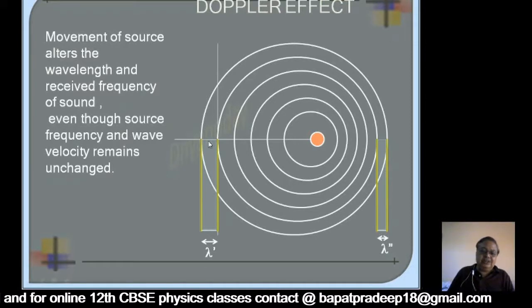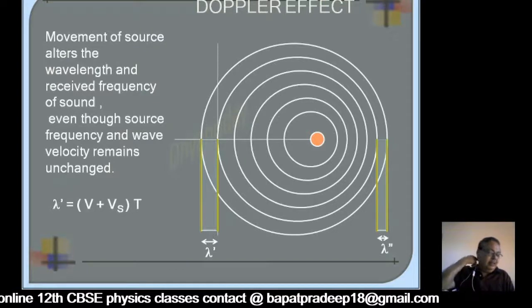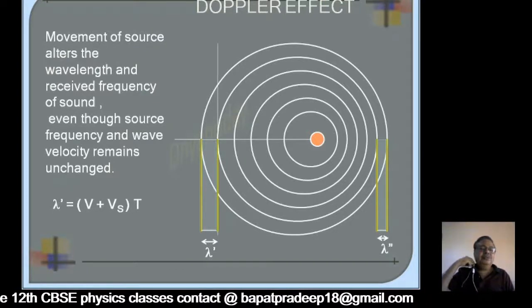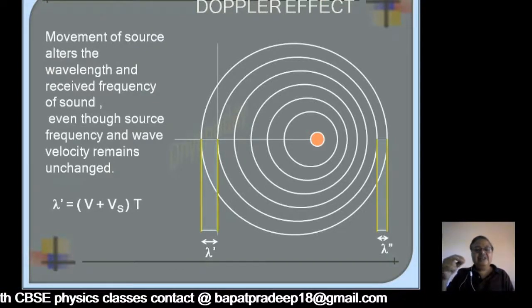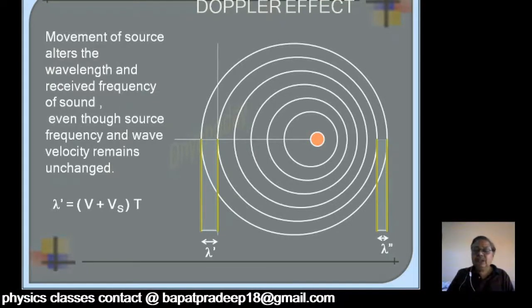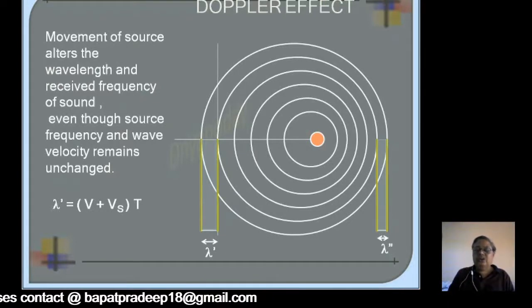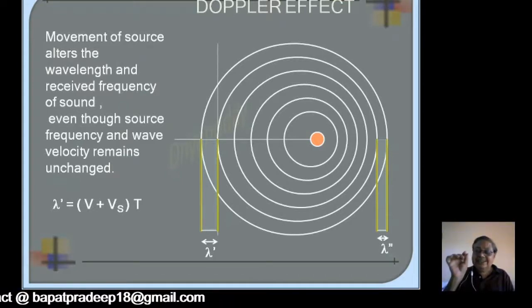So for this person, the wavelength will become more, which can be given by the formula lambda dash is equal to (V plus Vs) into T, where V is the sound and Vs is the source. Now for observer number 2, lambda double dash, the frequency is increased and the wavelength is reduced.